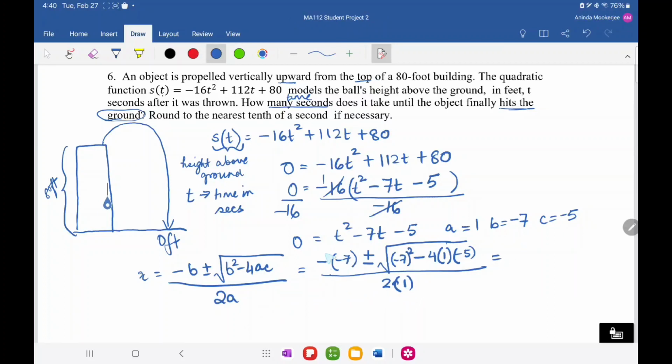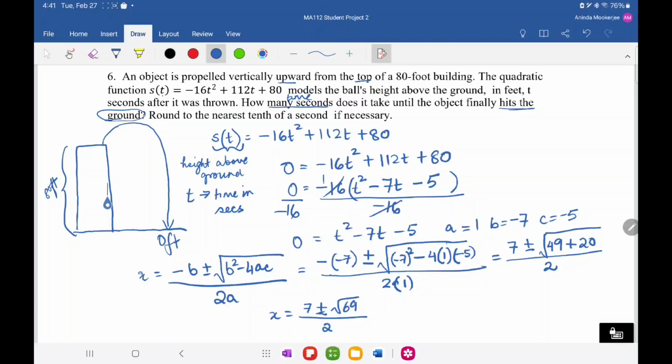So negative times negative 7 is a positive 7 plus or minus, under the square root sign, we have 49 from negative 7 squared, minus 4 times 1 times negative 5, which is a positive 20, divided by 2. So we will end up with x equals 7 plus or minus the square root of 69, divided by 2.